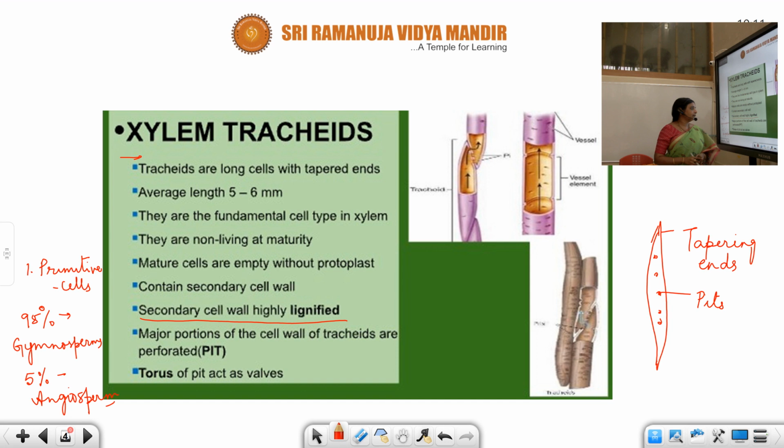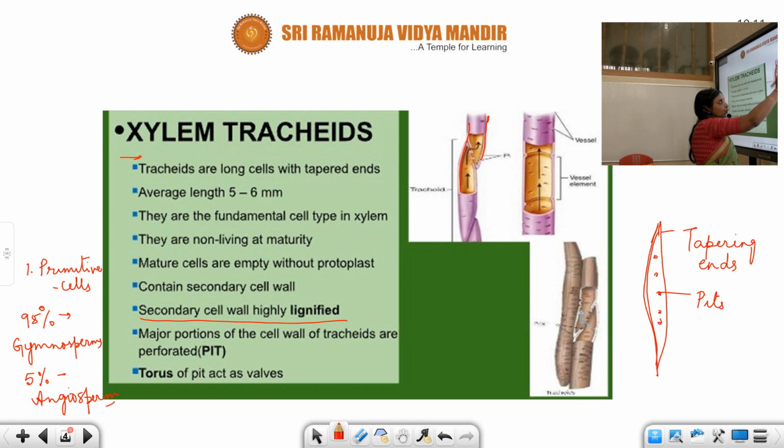Perforated means, see, this is the wall, and here also you can see walls, and this is the lumen, but the lumen is not complete, it is obstructed. This part is the lumen, and this is the cell wall, which is made up of lignin.